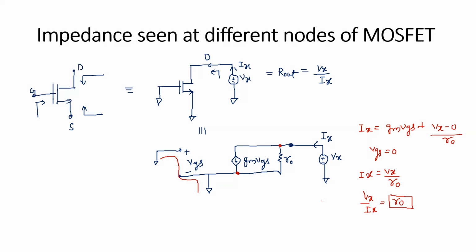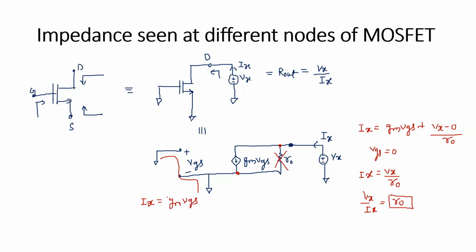Why I said this: if r0 is not given, then this impedance is not too easy to calculate, but it can be calculated, and it will be infinite. In that case, if r0 is not there, then Ix is simply gm VGS.